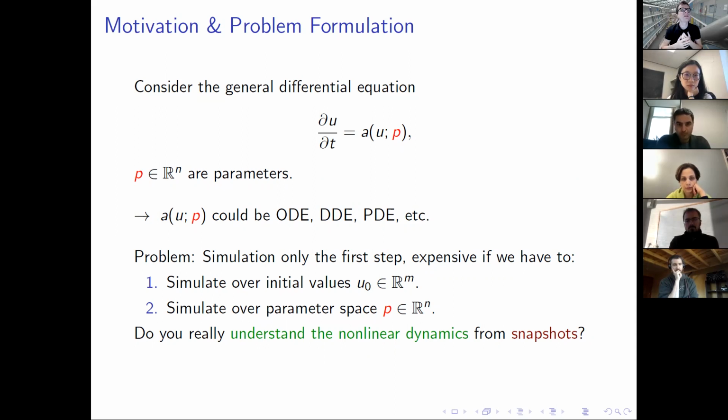It doesn't really tell you how the model behaves, because to do that you would have to simulate over lots of initial values, and also over the entire parameter space effectively. You only get snapshots by forward integration, and that's where numerical continuation methods come in, because they combine dynamical systems thinking, trying to find the interesting objects, and then getting them parametrically over a certain scale.